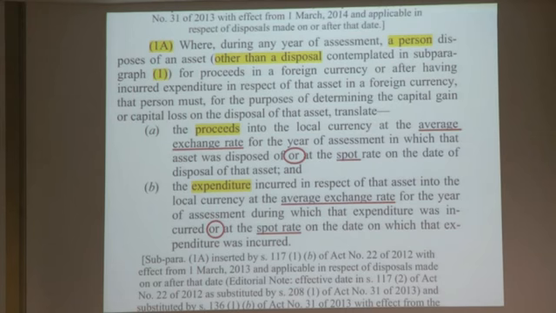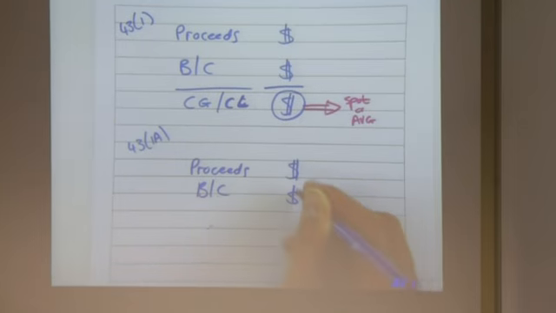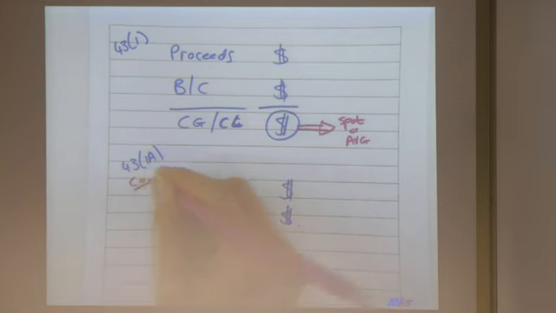So this is paragraph 43 sub 1 capital A. I need to do now proceeds less base cost, and let's say I have again both in dollars, but I'm now a company, for example.